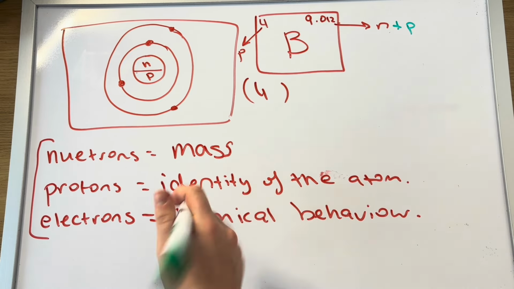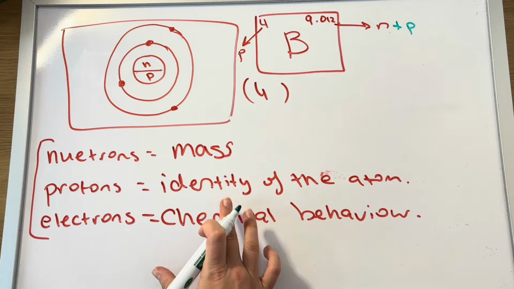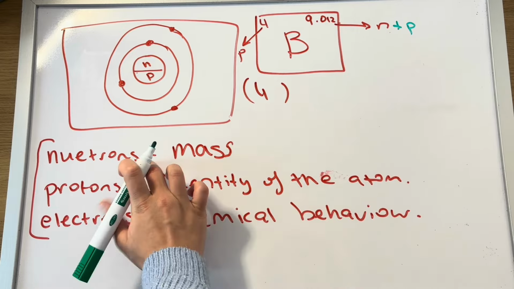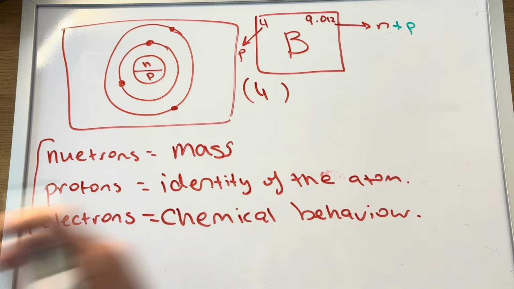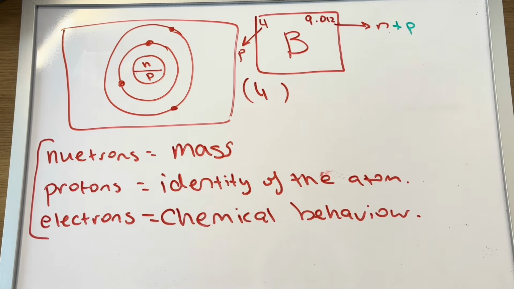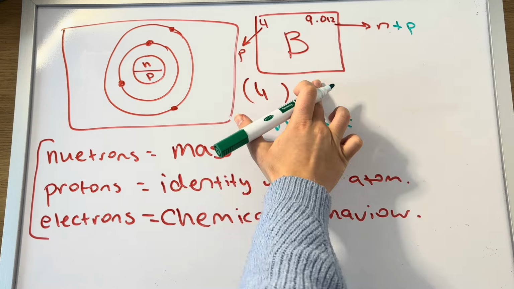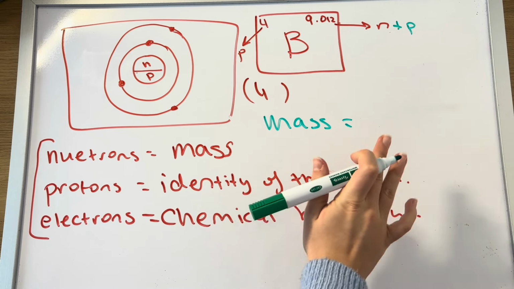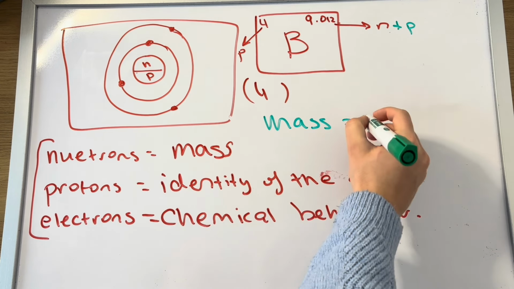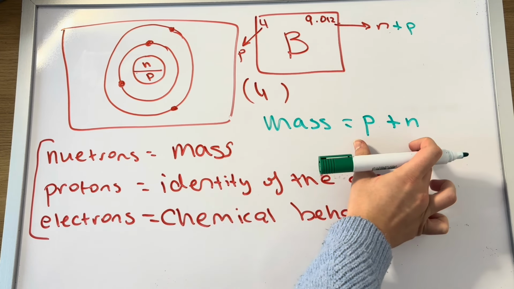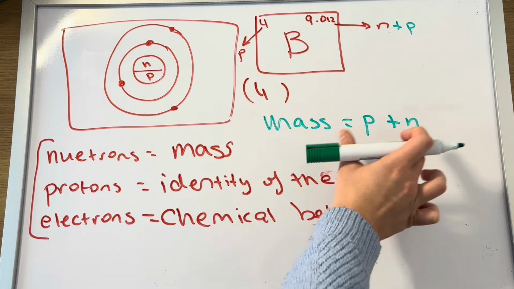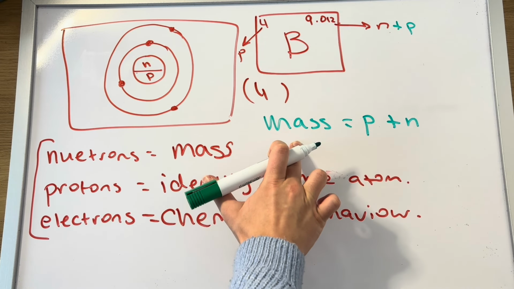They're identifying the atom, but if you add them to the neutrons, that gives you the mass of the element. So the mass of any element is the total number of protons and neutrons added together. So when they're combined, that gives you the mass.